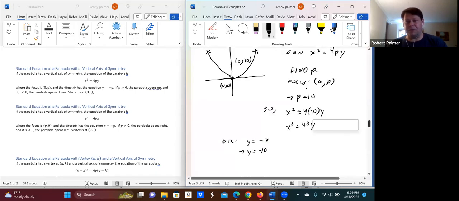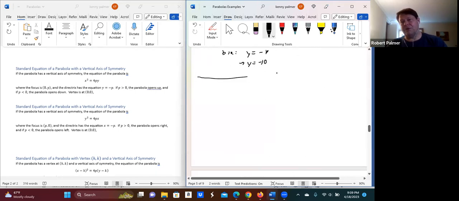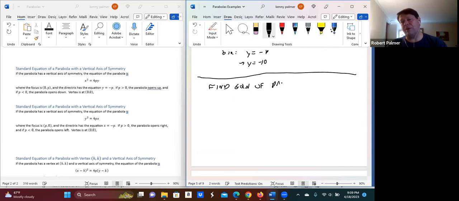Okay. Now let's look at another example. All right. So I also want to find the equation of the parabola. This is going to be a little bit different. I'll say in standard form of, and we're going to look at this one.